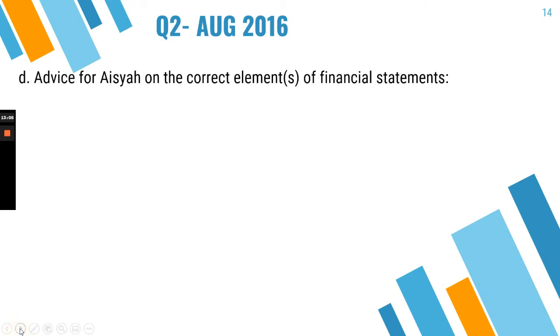To do that, you need to first see whether or not it meets the definition of asset. So Aisha needs to make sure that the definition of asset is being met. So give that advice.